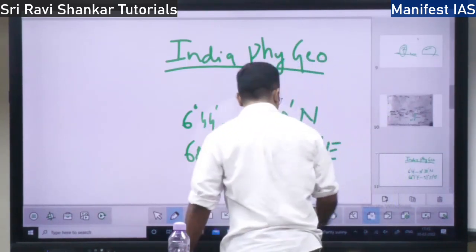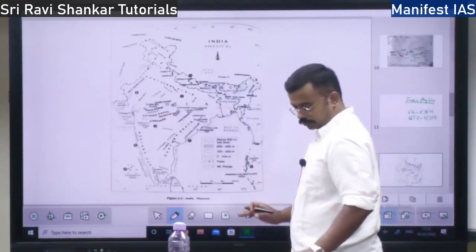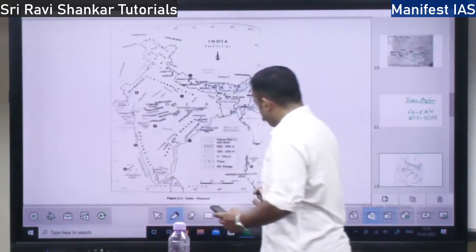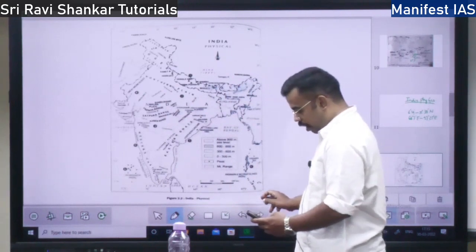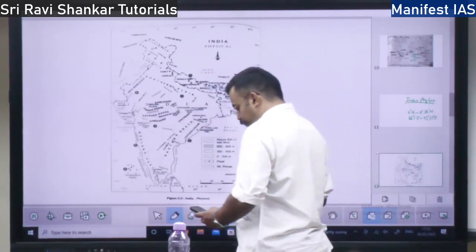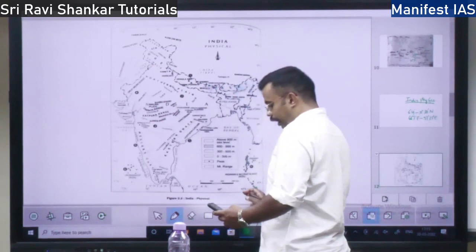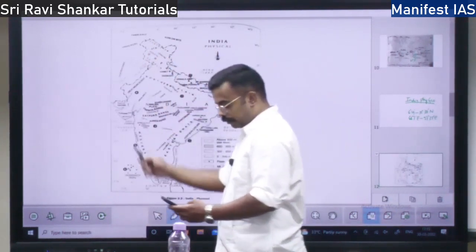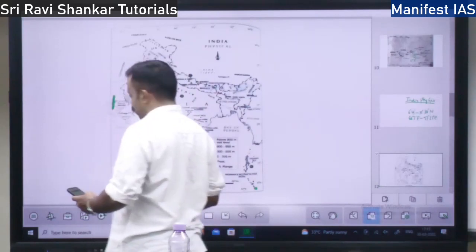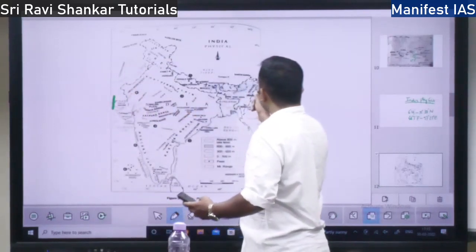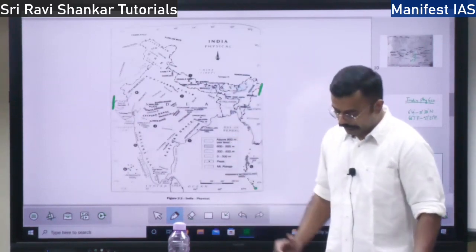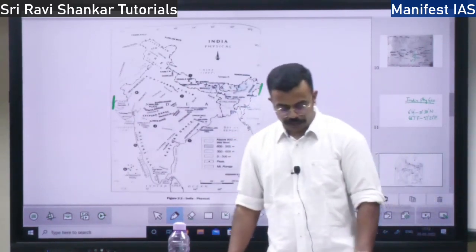Here at the tip of Andaman and Nicobar you have 6 degree 44 minutes, and at the tip of Jammu and Kashmir you have 35 degree 30 minutes. From here you have 68 degree 7 minutes, and till here you have 97 degree 25 minutes, right? That is the longitudinal and latitudinal extent of India.